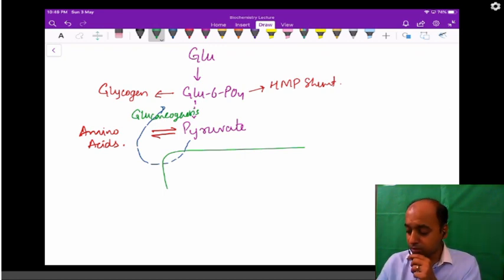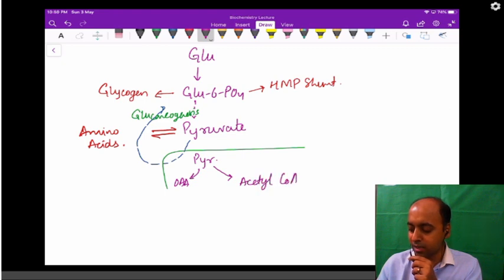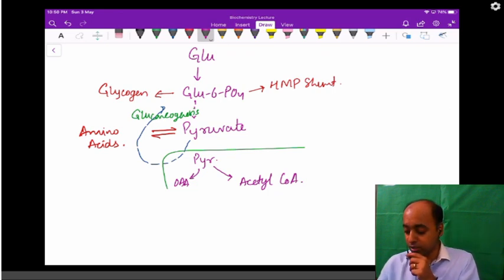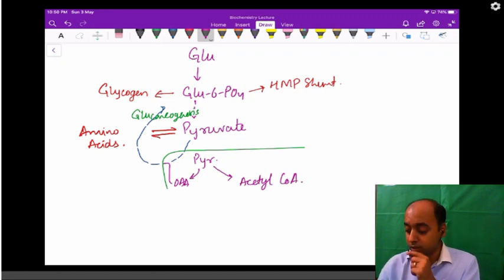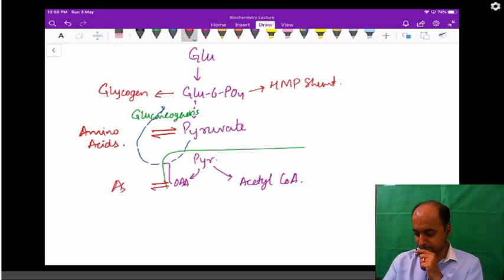The pyruvate gets converted to oxaloacetate, and it also gets converted into acetyl coenzyme A. The oxaloacetate was the part going to gluconeogenesis. The oxaloacetate is also linked to aspartate, which in turn is linked to several amino acids.